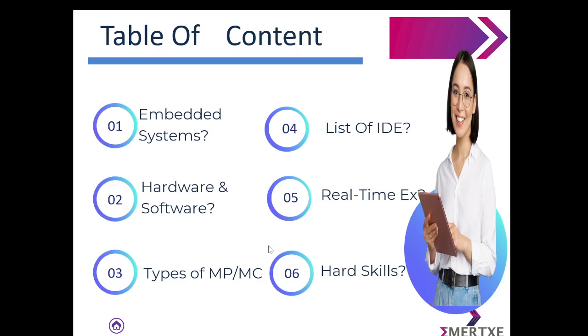And next, hard skills. There are different types of hard skills: code editing and debugging, like writing and fixing code efficiently. And version control, managing project versions directly inside IDEs.